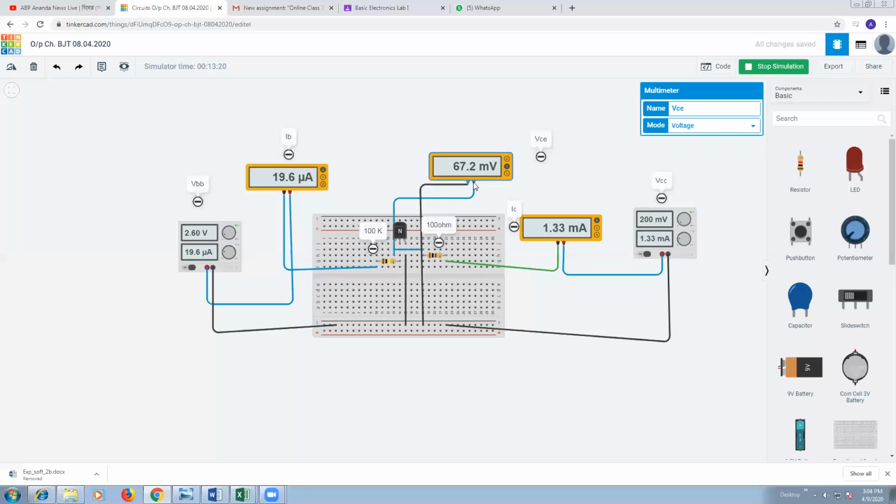The positive terminal I have connected with the collector, and the negative terminal with the emitter. So by this voltmeter we can measure the voltage between the collector and emitter, and the IB we can measure the base current.